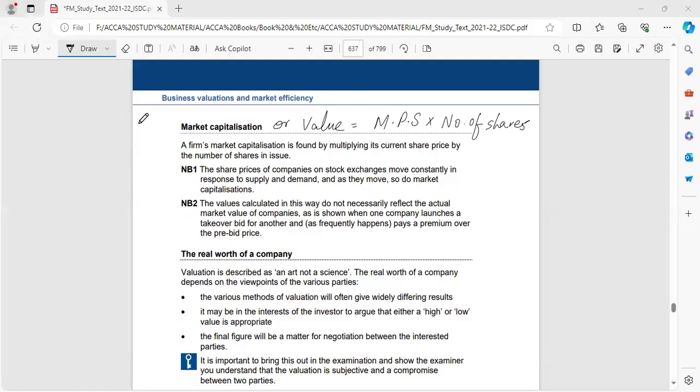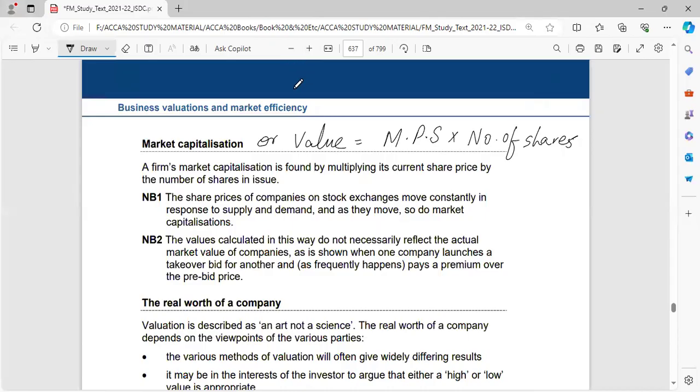So please remember that there is a difference between these two terms. One is called the share price. Share price means we are talking about only one share, and market capitalization or valuation means we are multiplying the market price per share with the number of shares.